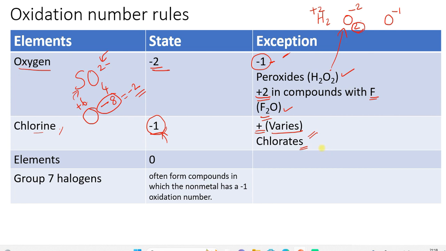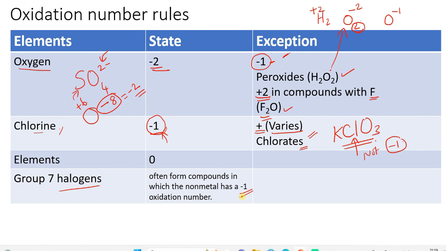One example of a chlorate is KClO3, potassium chlorate, and chlorine's oxidation state is not -1. We'll see that later on. So for now, you know it's not always -1. But for halogens, generally you can give a -1.